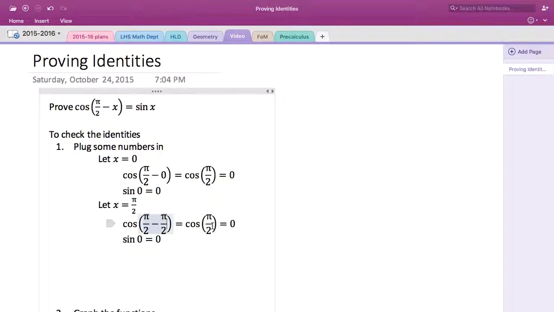Pi halves minus pi halves is cosine of 0. When you are at 0 radians, what is the x coordinate? It's 1. How about sine of pi halves? That's at 90 degrees, and what's the y coordinate? That's 1. So this looks good.